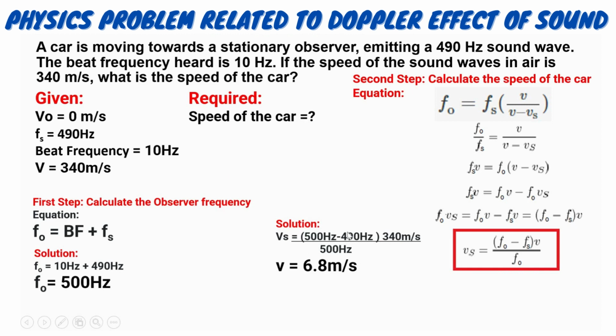Okay? Now, when we use our calculator, plug and chug the values, we end up with 6.8 meters per second. Okay? So, this will be the final answer. The speed of the car is equal to 6.8 meters per second.